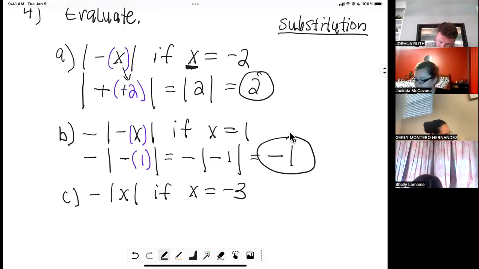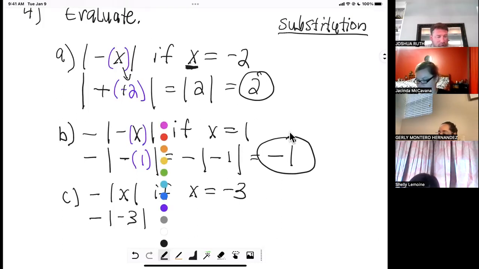And the last one, I'm only allowed to replace x with -3. In this case, x is the only thing on the inside, so I'm going to put -3 in for x. I should put it in a color so you can see it. And then the negative is going to stay on the outside, but the absolute value of -3 is 3.